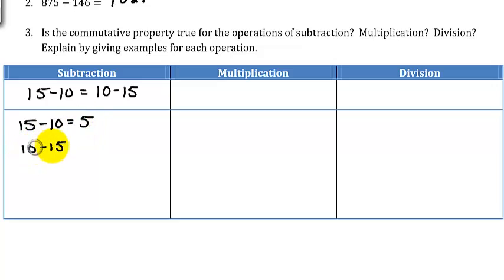Here you only have $10, but you owe someone 15, and so you still owe them 5 when you're done, and so that would be represented with a negative 5. So when we do subtraction in the opposite way, we don't get the same result, and so subtraction does not commute.